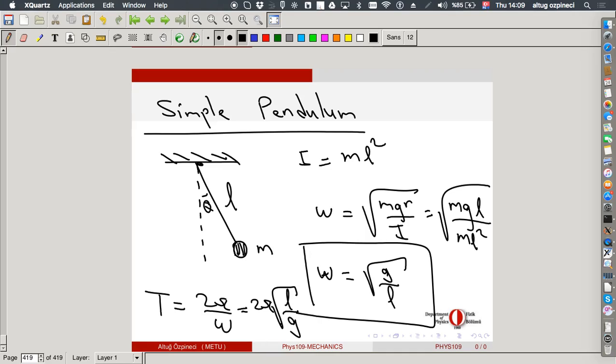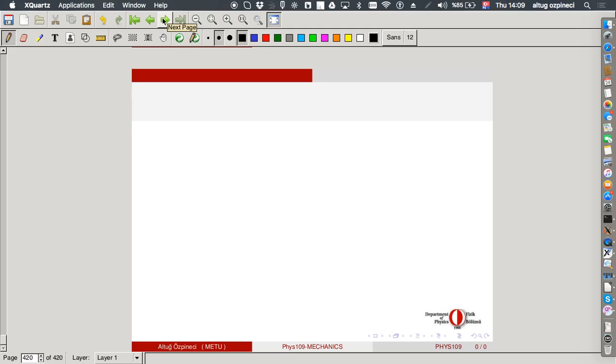Okay, so 9 periods. T is equal to 5 seconds.